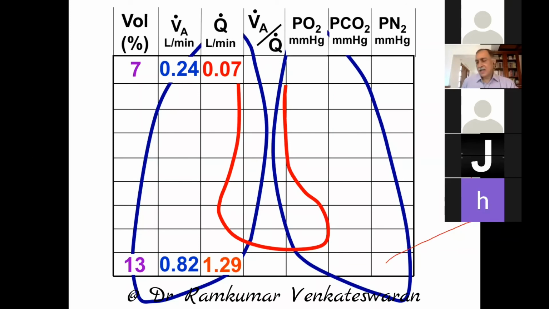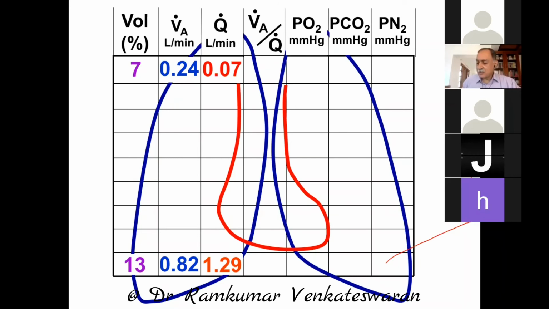Easy to understand. If there is more lung tissue at the bottom of the lung, it is fatter than the top of the lung, and obviously it gets the lion's share of the ventilation. So we're looking at absolute numbers of 0.24 liters per minute of alveolar ventilation to the top slice, and 0.82 liters per minute to the bottom slice.